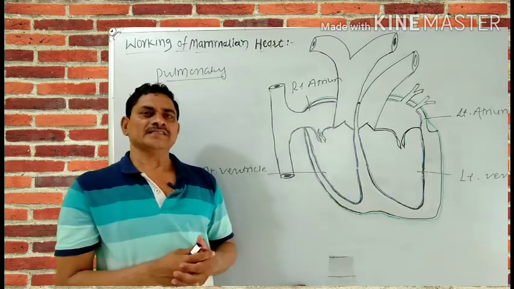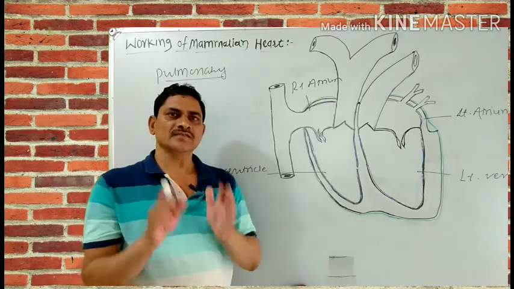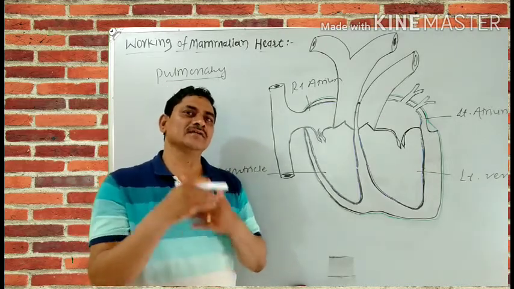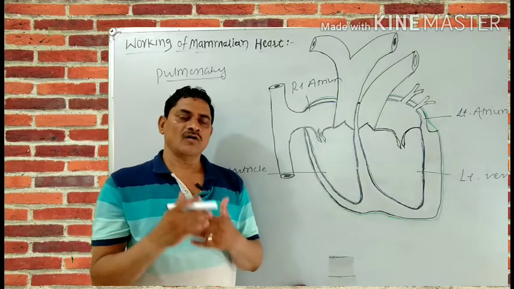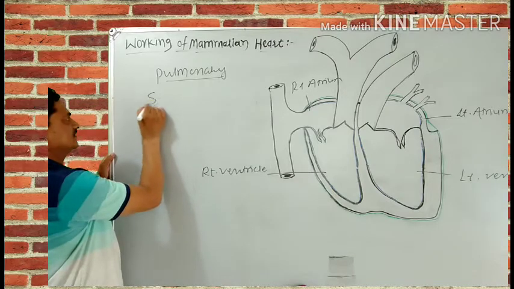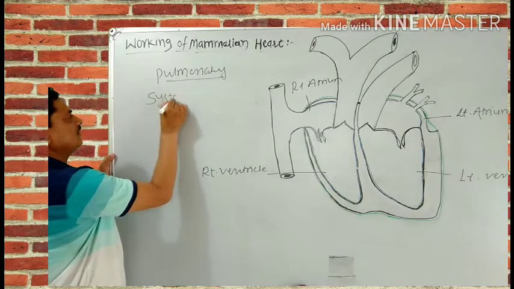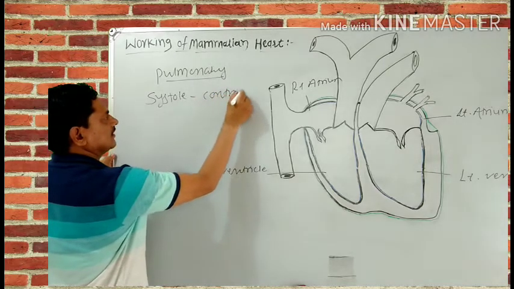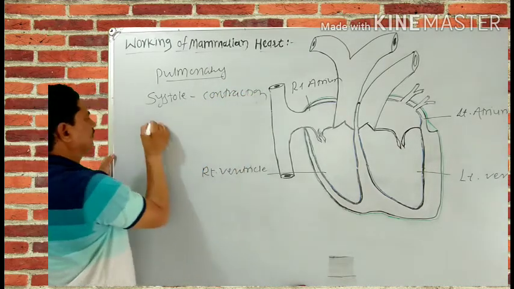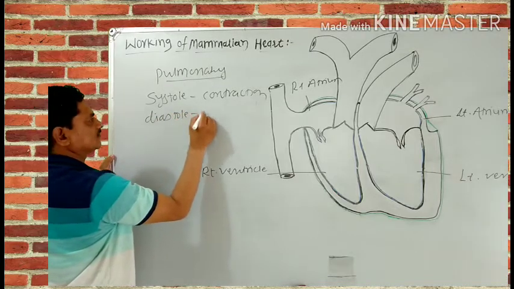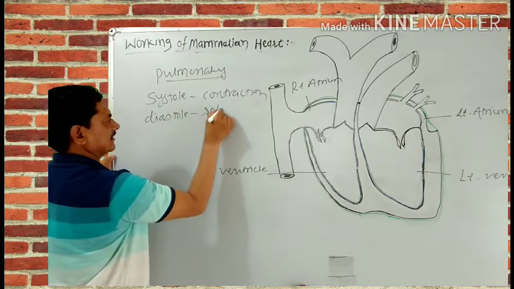The action of the heart results in two alternate but simultaneously occurring phases. One phase is called the systole, which is also called the contraction, and the other is the diastole, which is also called the relaxation.